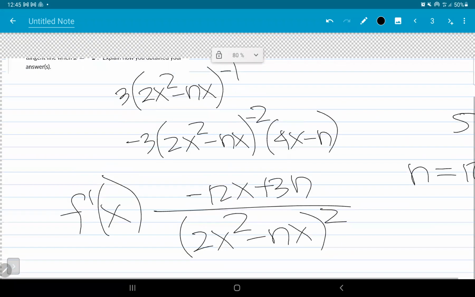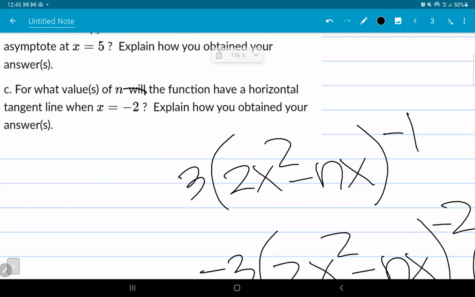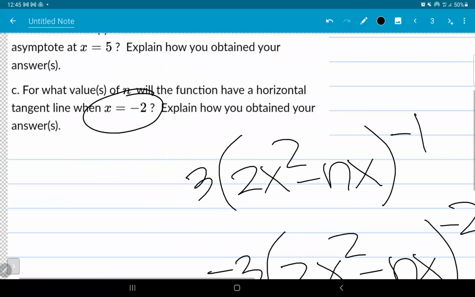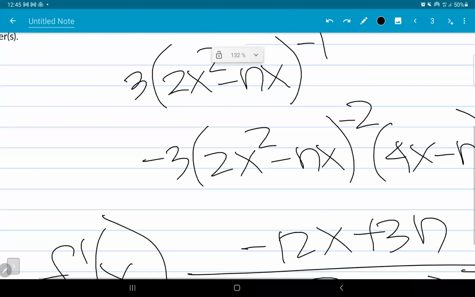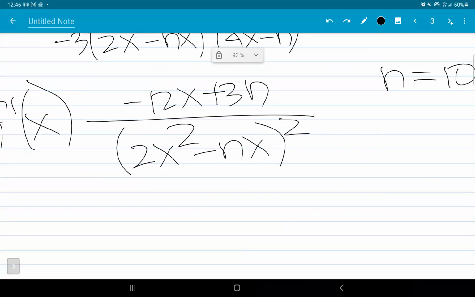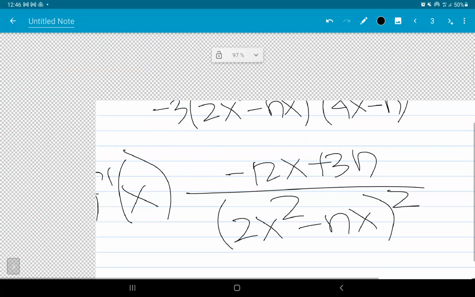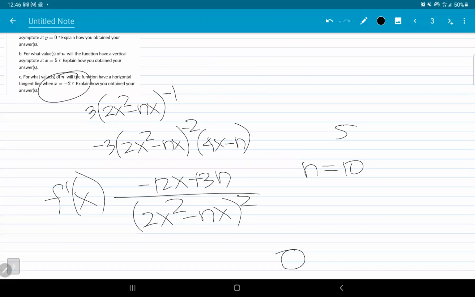And then, when x equals -2, okay, you want a horizontal tangent. So 0 yung slope ng horizontal, di ba? If the slope is horizontal, that means, if the tangent is horizontal, that means the slope is 0. And nangyayari siya at -2.